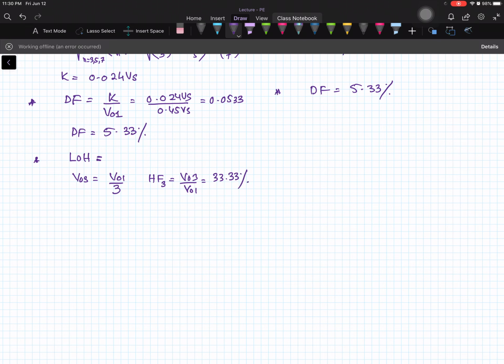So it fulfills the definition of the LOH, lowest order harmonic. So our lowest order harmonic is the third harmonic, right? Similarly, in the case of the full bridge inverter, our LOH is also the third harmonic, right?